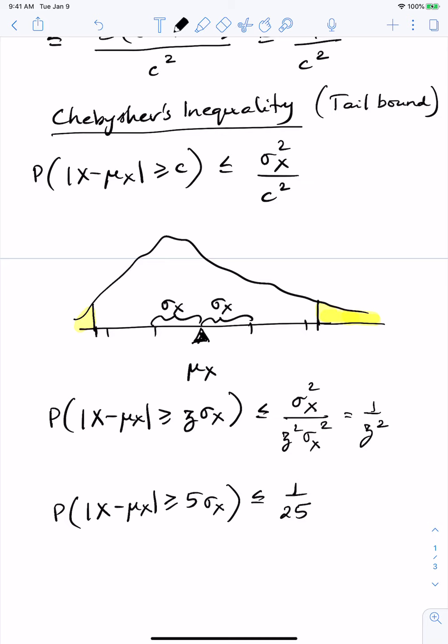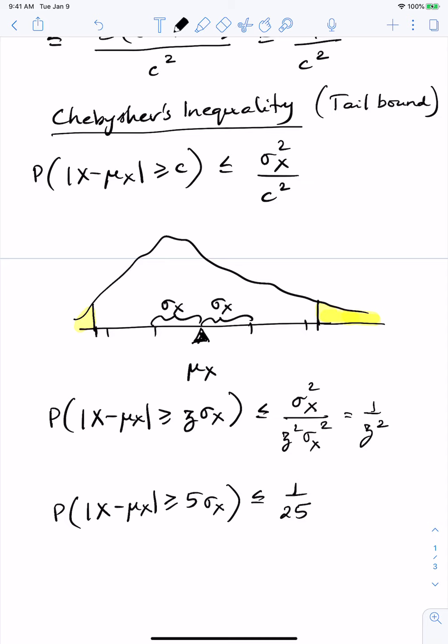Mean plus or minus 5 SDs picks up 96% of the data, right? At least 96% of the probability is in the range mean plus or minus 5 standard deviations.